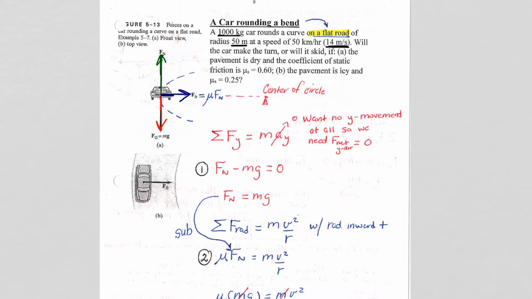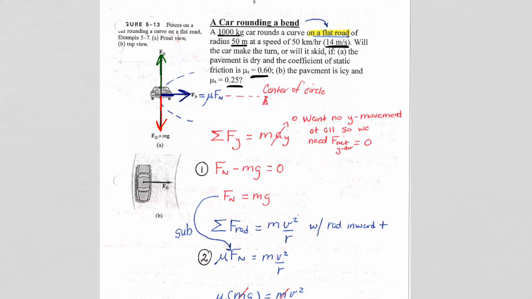We're being asked, will the car be able to go around this bend, or will it skid out of control? Under two conditions: one, when the tires and the road are dry, with a coefficient of friction of 0.6, and on another day, when it's icy and slick, with a coefficient of friction of 0.25.